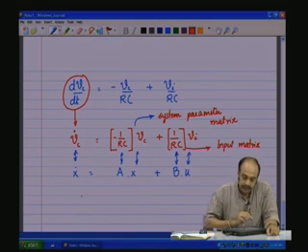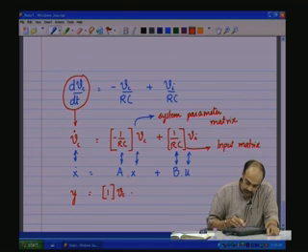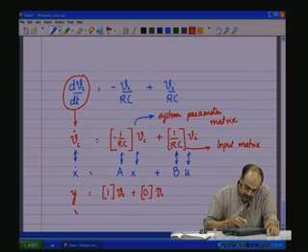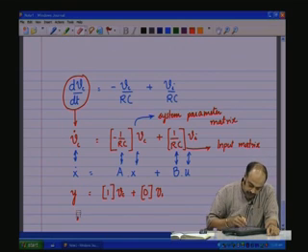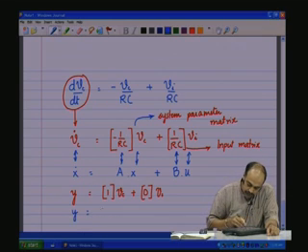Now, there is one more equation that you have to write to complete the state equation, which is y, the output, given by 1 into Vc plus 0 into Vi. Compare this with the general form of the output equation, y equals C x plus D u.